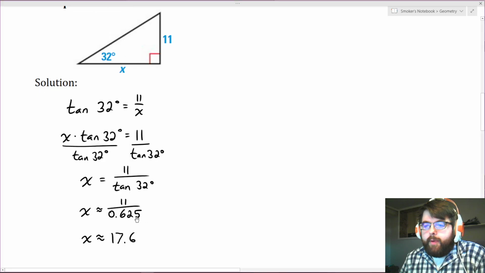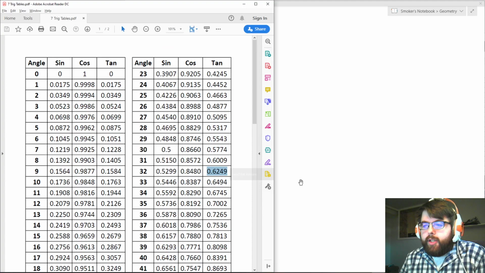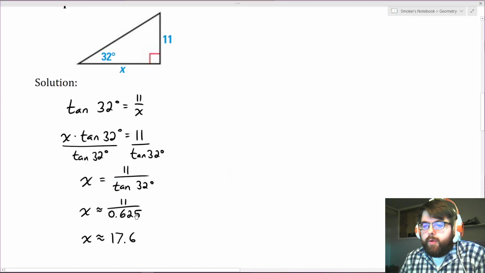So I got that by, just to recap, once I converted tangent to the decimal value, I gave 4 decimal places on here, but when you're plugging the value in, I want 3 decimal places. When you find the final answer, it's okay to do 1 decimal place, because you're not going to be reusing that final answer.